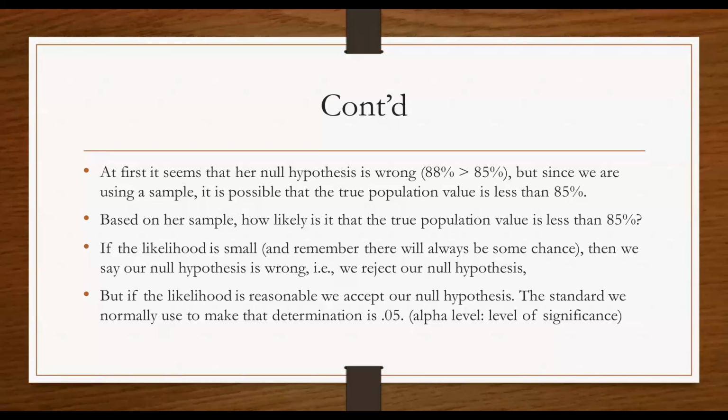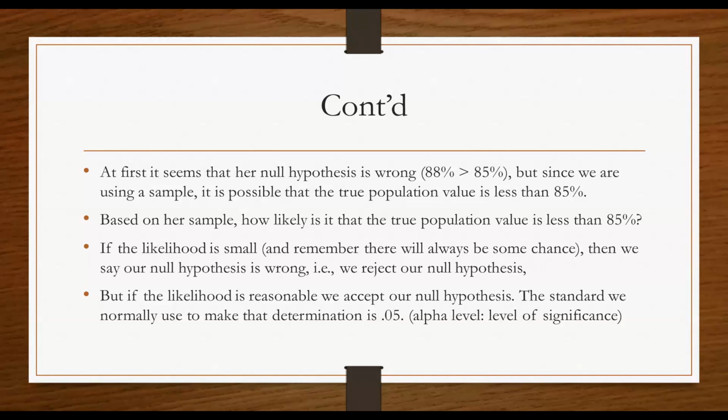When you look at it, it seems that the null hypothesis is wrong, right? 88% is greater than 85. But since we are using a sample, it is possible that the true population value is less than 85. Very much possible, since it's just a sample and a representation. So based on the sample, how likely is it that the true population value is less than 85?